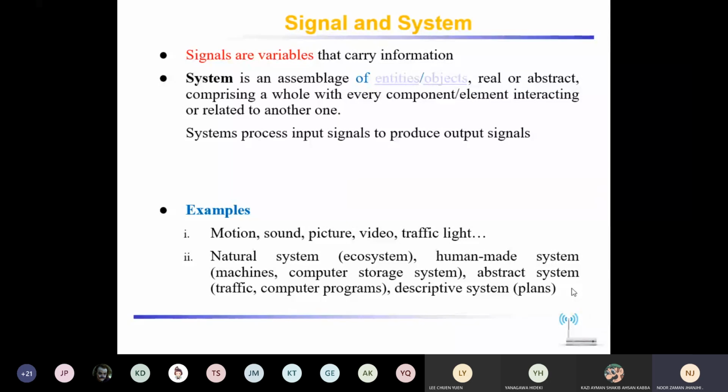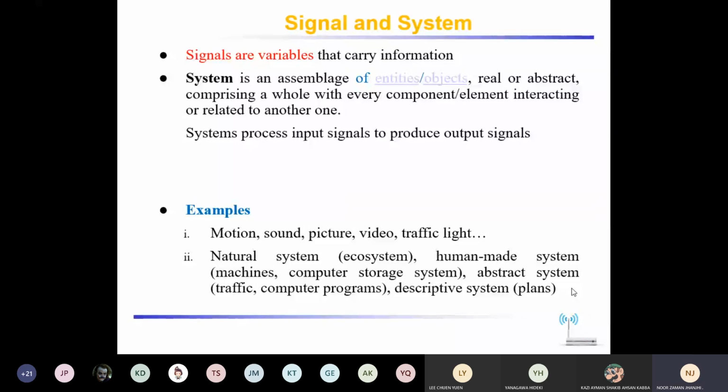The variable is actually something which can carry different values. That which can carry the different values, we can call the information. So we can say that the signals are a variable that can carry information.